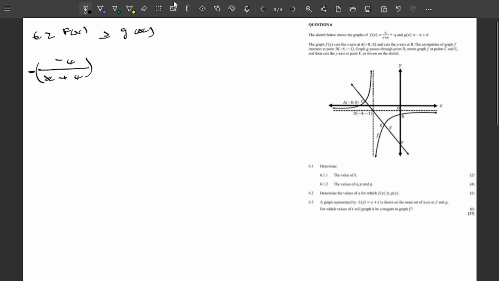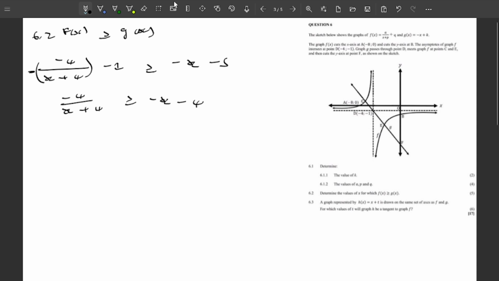Let's just put it inside, and minus 1. It's going to equal g, which our g is minus x minus 5. Now the first thing we're going to do is take this value of minus 1 to the other side, and we're going to have minus 4 over x plus 4 equal to minus x minus 4.